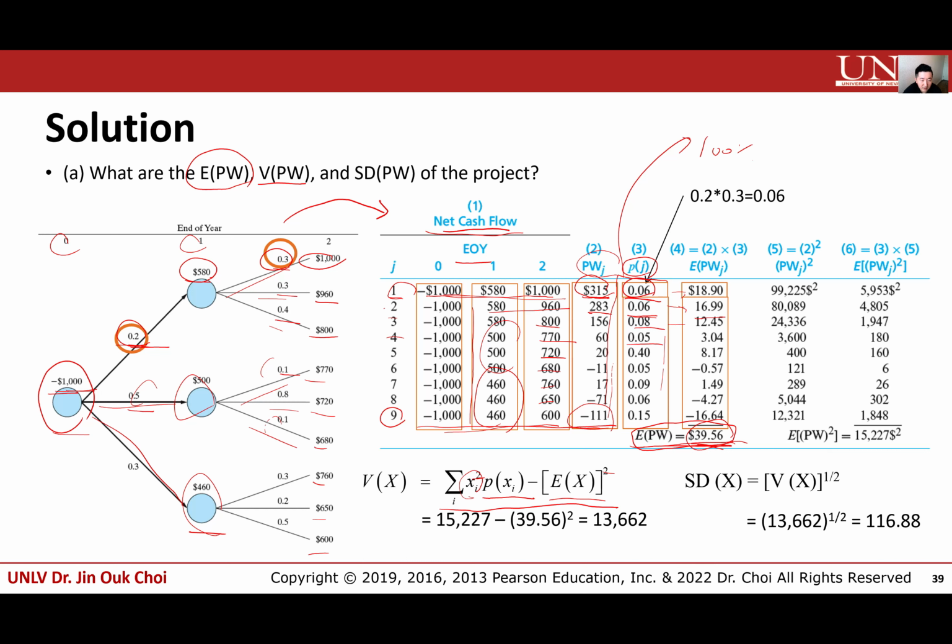To do that, PW squared is these, so you just square them. 315 squared will give you $99,225, and if you square the others, you get numbers like 20 squared, 400, and so on.